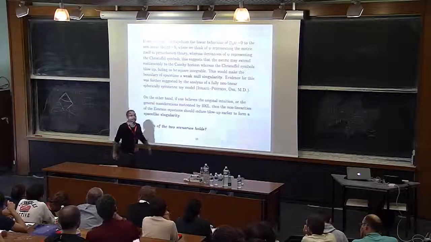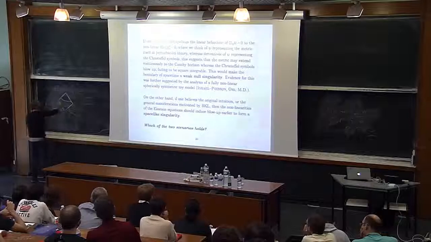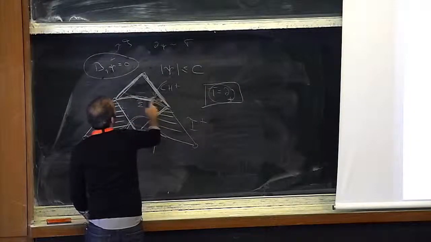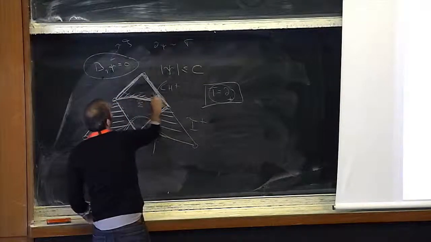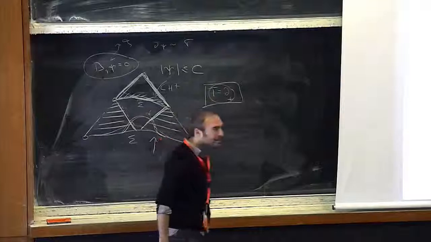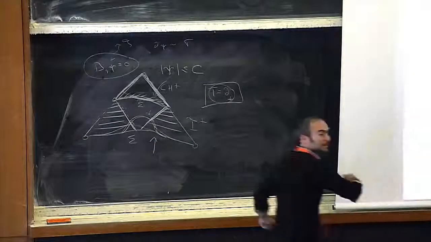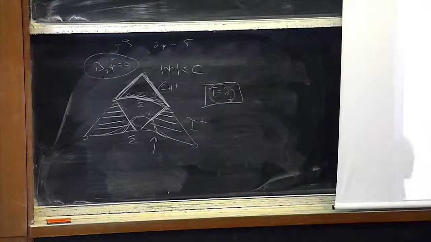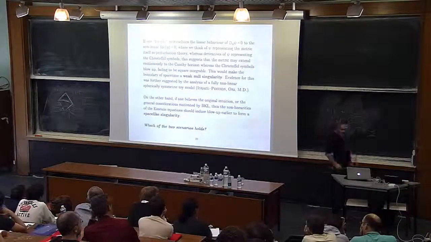It's just the way life is. Whatever happens, the nonlinearity of the Einstein equations should kick in. We should not extrapolate linear theory, and there should be a space-like singularity, through which the metric is inextendibly continuous. So this whole talk is about the question of which of these two scenarios is correct.